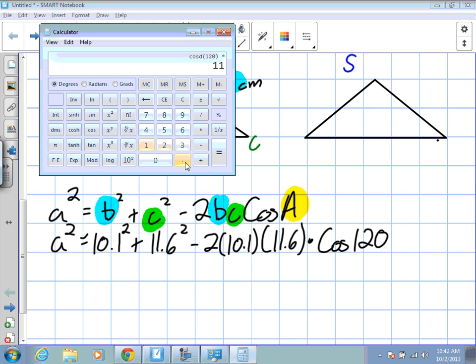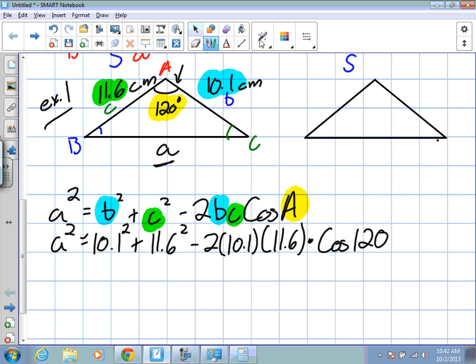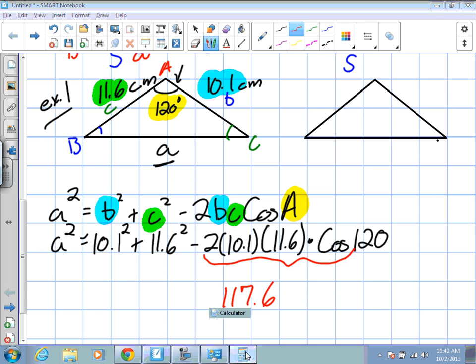Times 10.1. And then technically this is times negative 2. Times 2, and it's negative. It's equal to negative 117.16. So, all of this combined into 117.16.